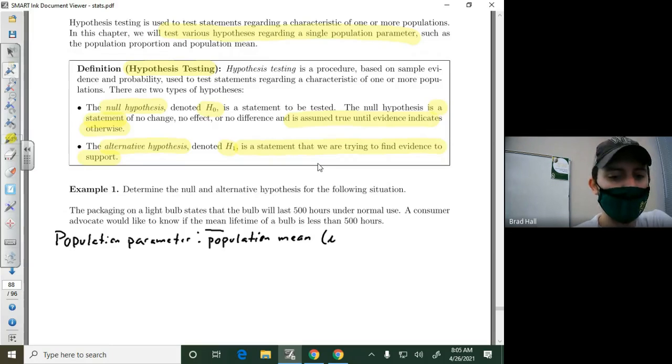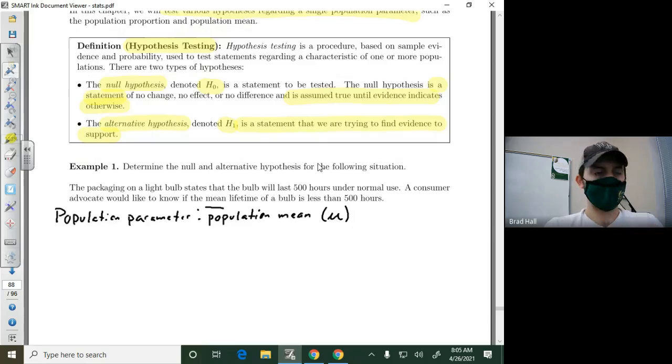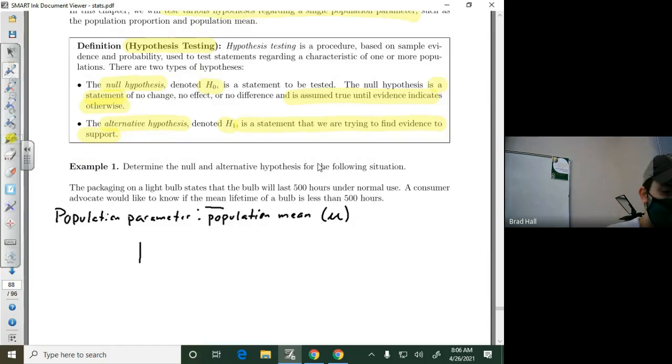And remember that the notation looks like a U, the Greek symbol mu. Now this symbolism is going to help us construct two statements, one for the null hypothesis and one for the alternative hypothesis.